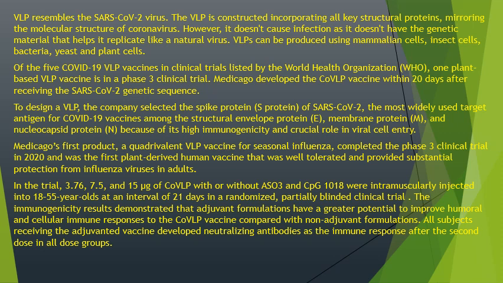Medicago's first product, a quadrivalent virus-like protein vaccine for seasonal influenza, completed the third phase clinical trial in 2020. It was the first plant-derived human vaccine that was well tolerated and provided substantial protection from the influenza virus in adults.